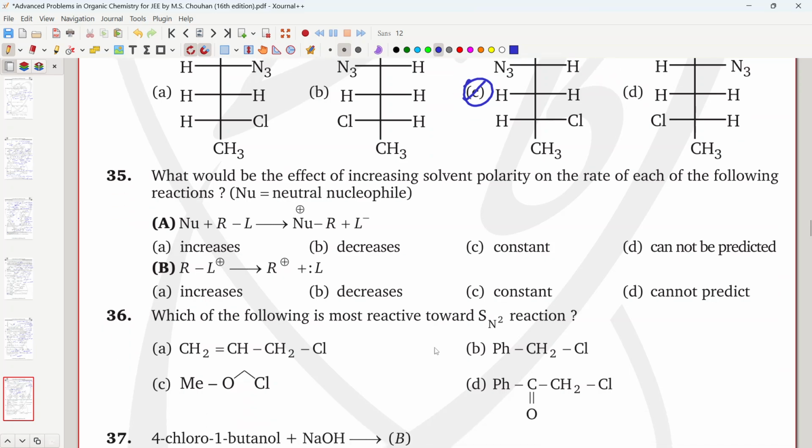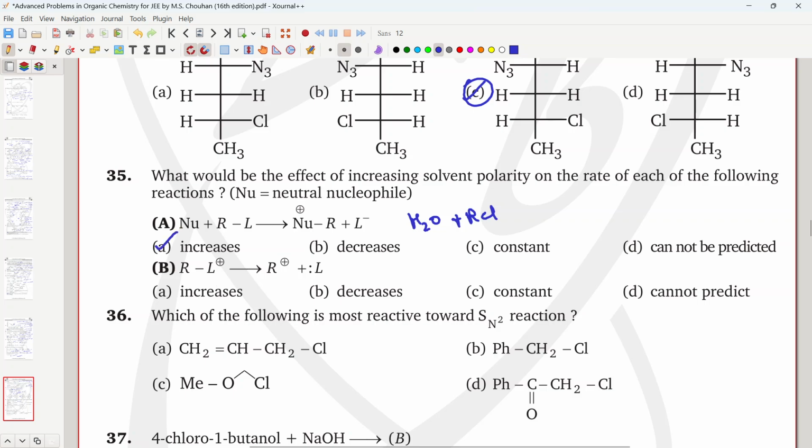Now, what would be the effect of increasing solvent polarity on the rate of each of the following reactions? Nu being a neutral nucleophile. In a reaction, a typical example will be H2O plus RCl. Increasing solvent polarity stabilizes the polarized transition state and helps with ionization.